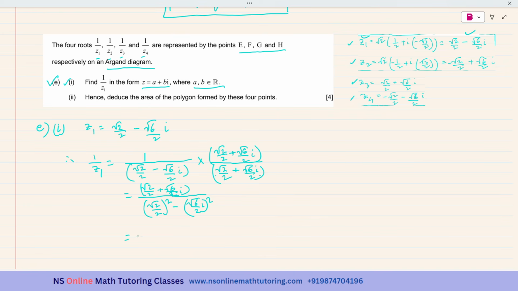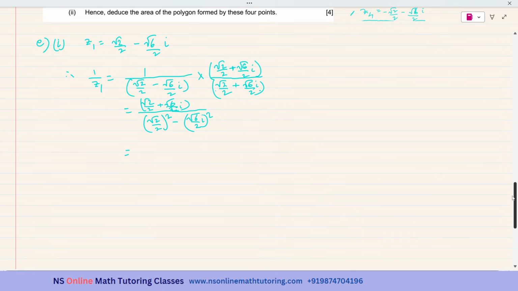Okay, so this is equal to root 2 over 2 plus root 6 over 2i divided by: root 2 square is 2 and 2 square is 4 and i square is minus 1, so minus of minus is plus. Root 6 square is 6 and 2 square is 4. So 2 plus 6 is 8, 8 over 4, so the denominator is 2.